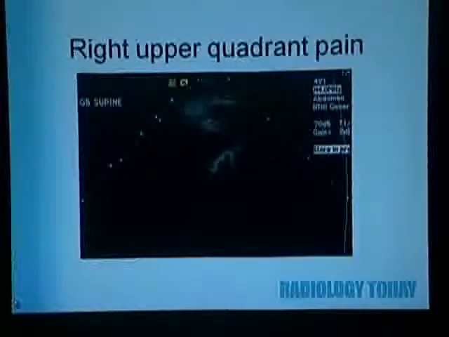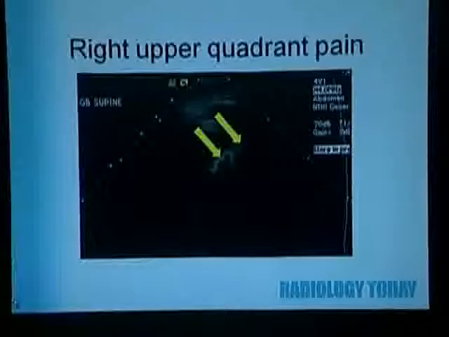Here's another case, an ultrasound which was obtained for right upper quadrant pain. And you can see these small areas of linear echogenicity emanating from what was the gallbladder wall. Now, we may see these in situations where there's what we call a wall echo shadow complex, a lot of shadowing that we see from the gallbladder wall that just comes from a gallbladder that's filled with stones.